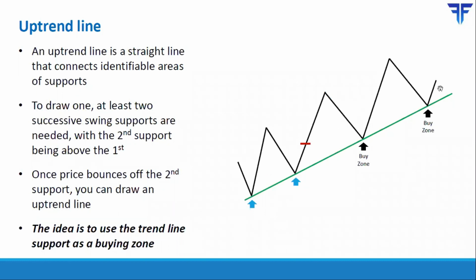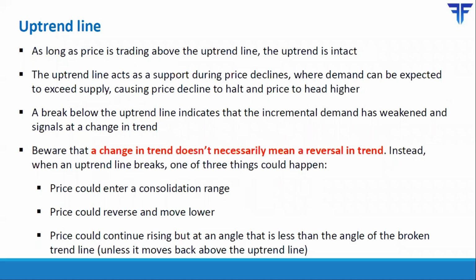However, if price breaks below the trend line, it indicates that price is no longer rising at that angle. Now either that could mean a change in trend or it could mean a reversal in trend. Both are quite different. I'll talk about this. A very important rule to keep in mind is that whenever an uptrend line is broken, it doesn't necessarily mean that the trend has reversed.